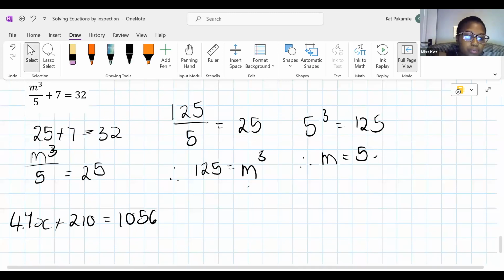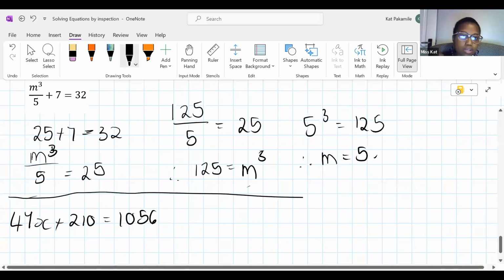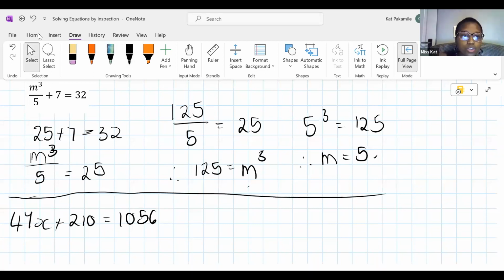Okay, what plus 210 will give me 1056? Which number plus 210 will give me, oh, let me do this, there you go. Let's pretend that's a straight line, use your imagination.